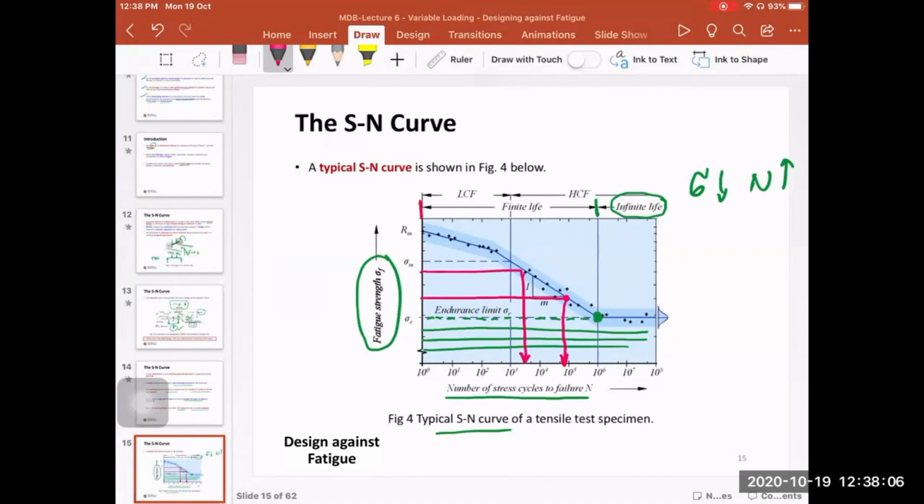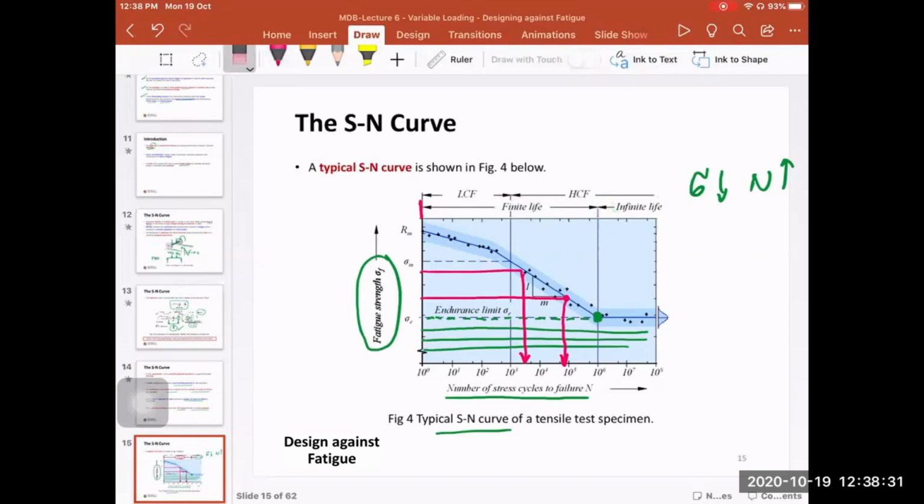Between the beginning here and this point, we have what's called finite life. Finite life means that it's going to survive for a specific number of cycles, okay? But if the stress applied on the component is less than the endurance strength of the material, it's going to survive an infinite number of cycles.